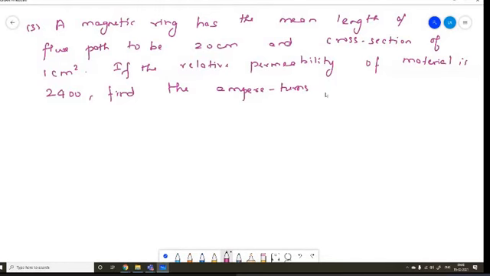So ampere turns in the sense N into I has to be determined, required to produce flux density of 2 Tesla.